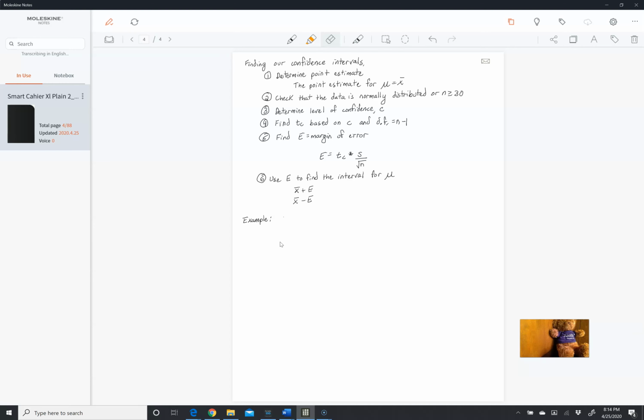For example, we randomly select 16 coffee shops and measure the temperature of the coffee.